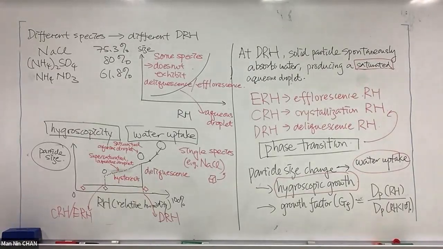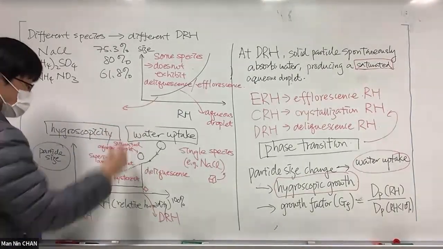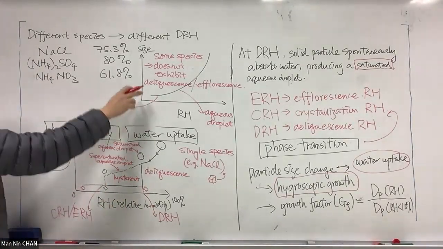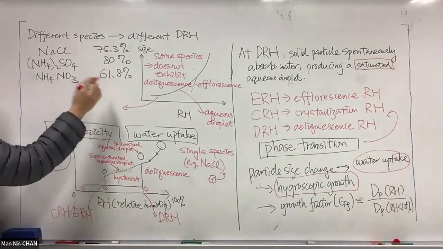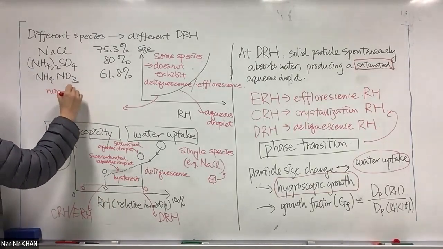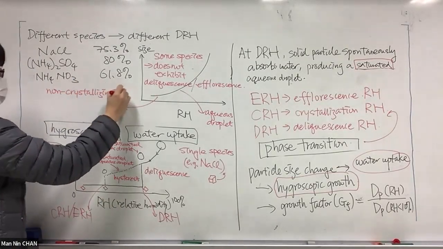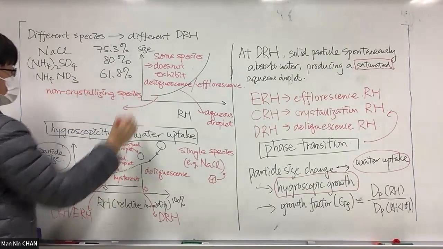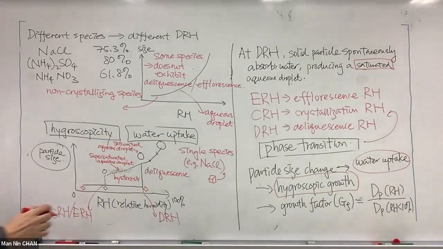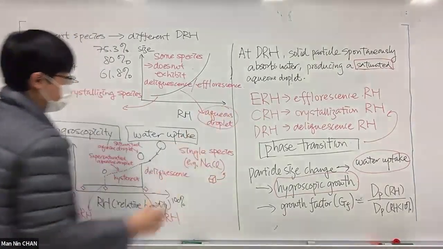Another term in the literature for this species is non-crystallization or non-crystalline species. That means they're always aqueous droplets.